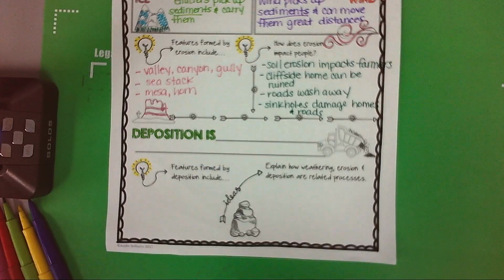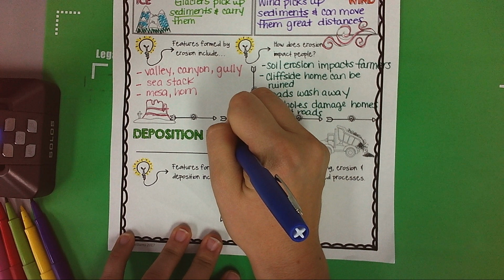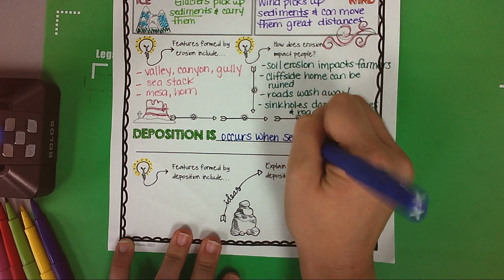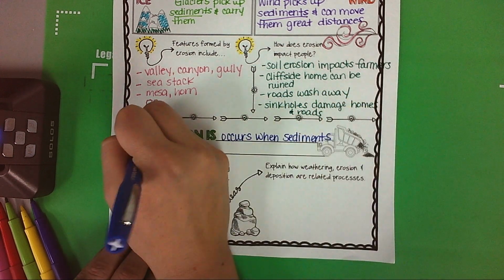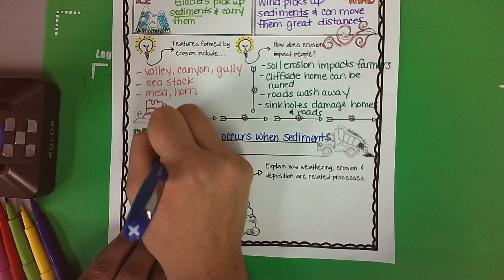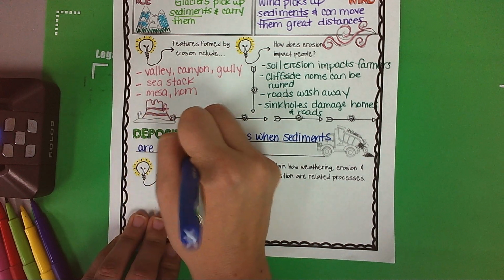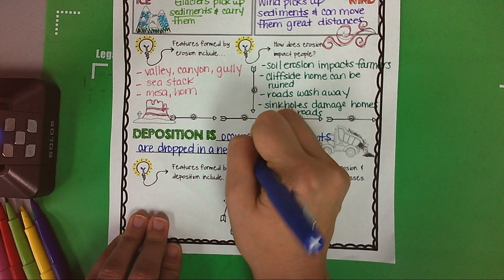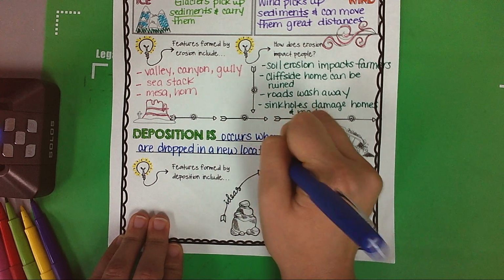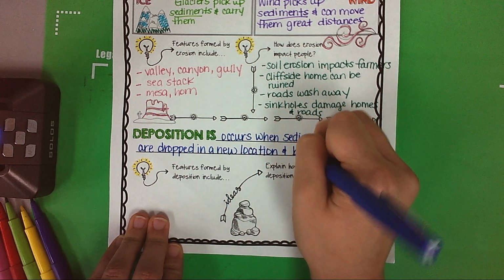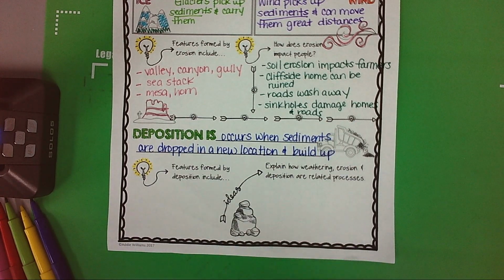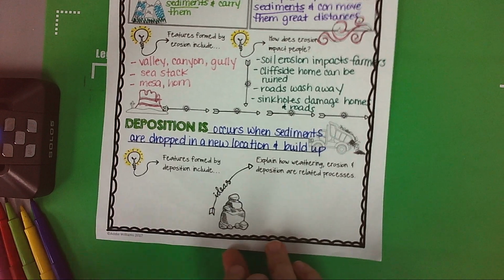And then deposition occurs when sediments, remember sediments are pieces of rock, are dropped in a new location. And they build up, they pile up. So deposition is when sediments are dropped in a new location and they build up.